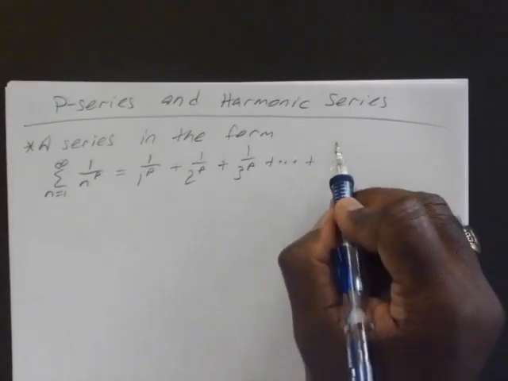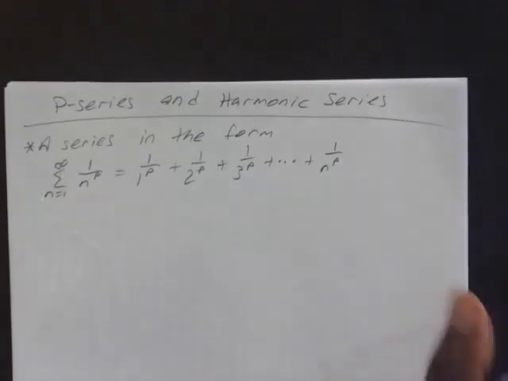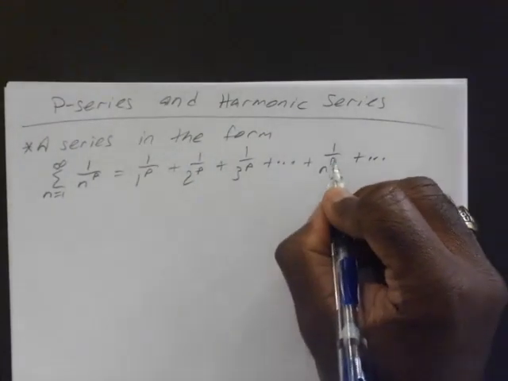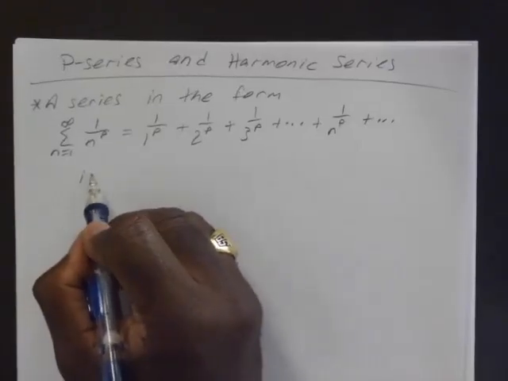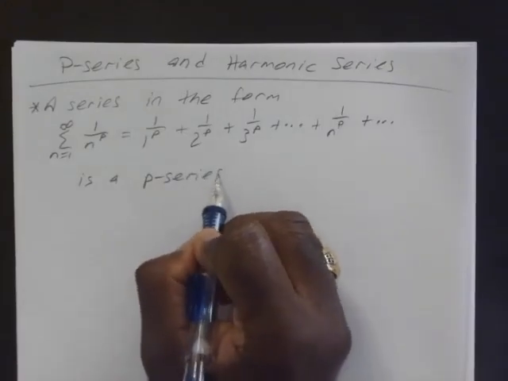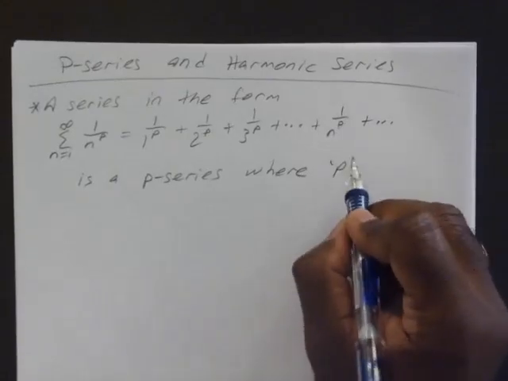And it keeps on going till you reach some finite value n to the power of p, and because it goes to infinity, you're going to go past that too. Okay, so if it's in this form, this is a p-series. We know that p is a constant.